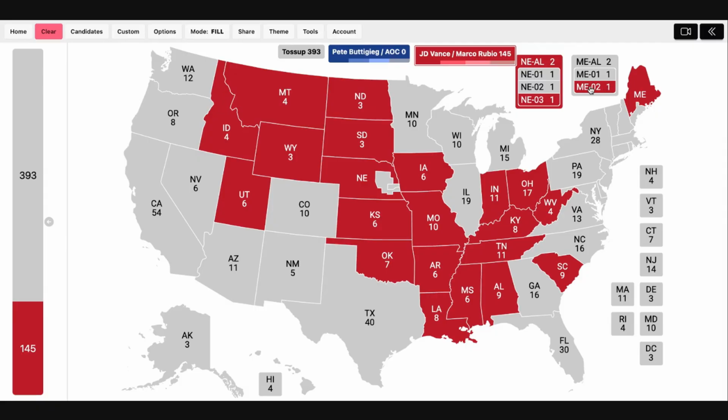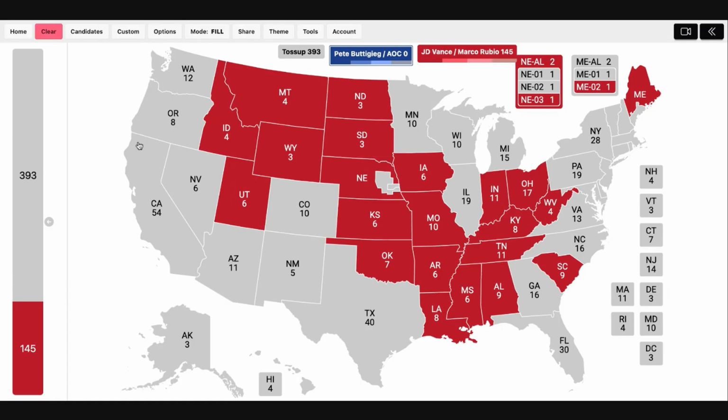But that is the second congressional district of Maine. It is a 17-point win for Vance, which is almost double the margin of the last election. And so this state potentially becomes a battleground state with Pete Buttigieg as the Democrat nominee, and he underperforms quite extensively in the northeastern area in some portions of that area.